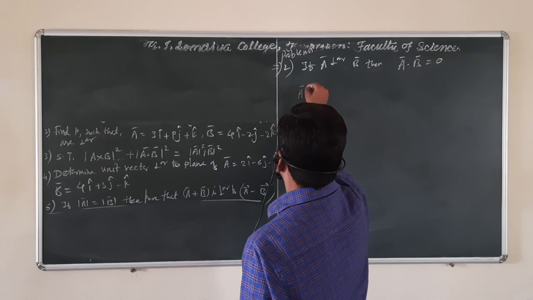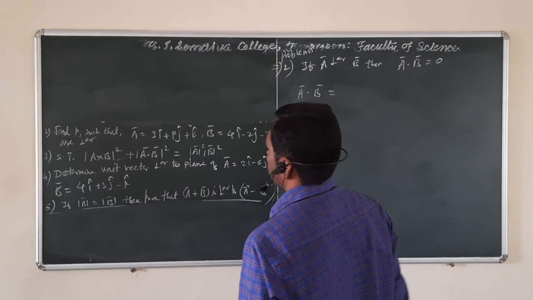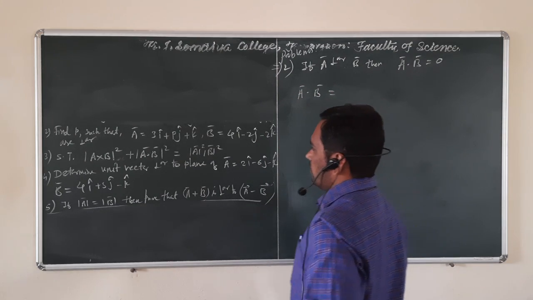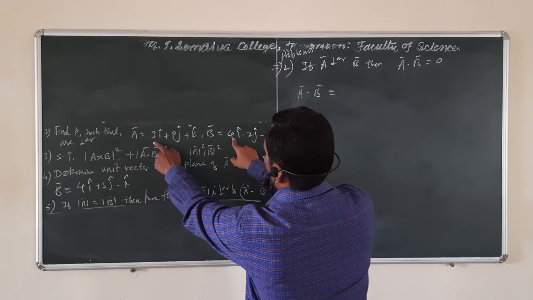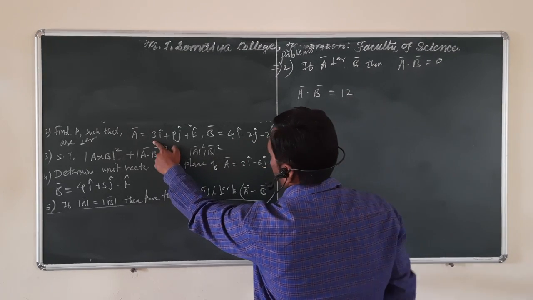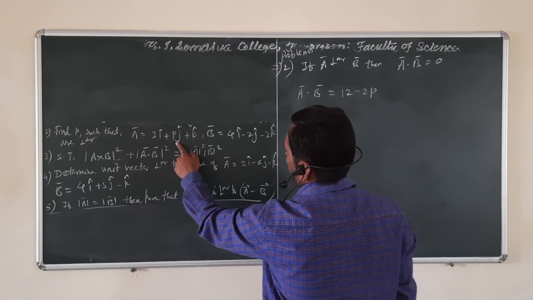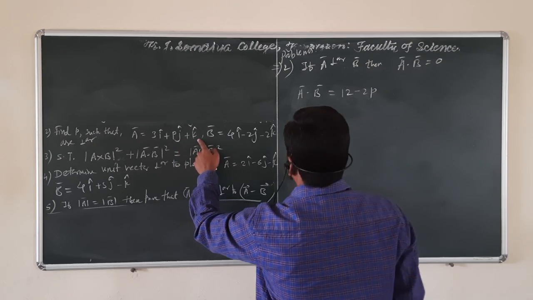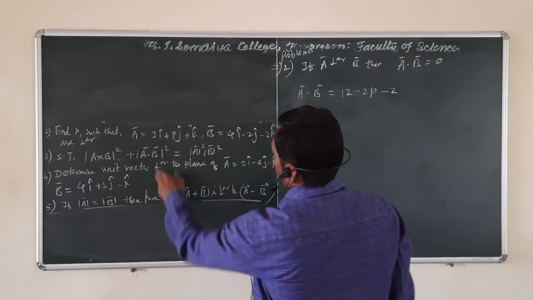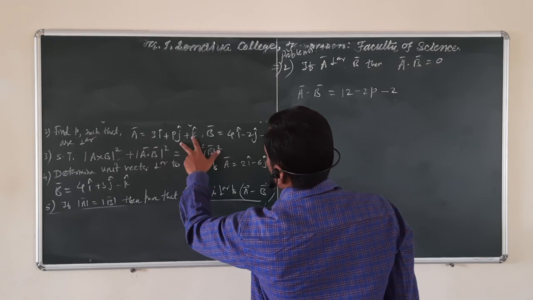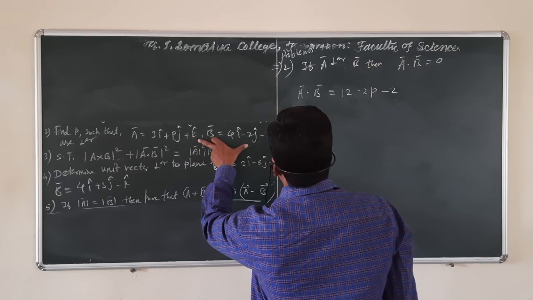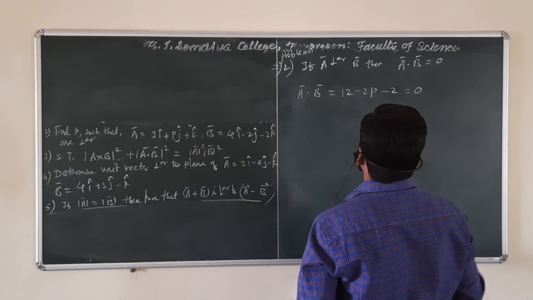So vector A dotted with vector B is equal to, here we have 12, minus 2 into P, and minus 2. So 12 minus 2 into P minus 2 is equal to 0.